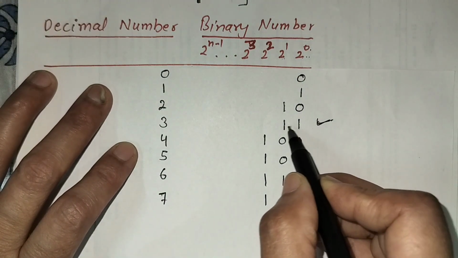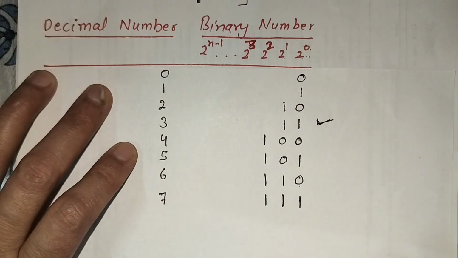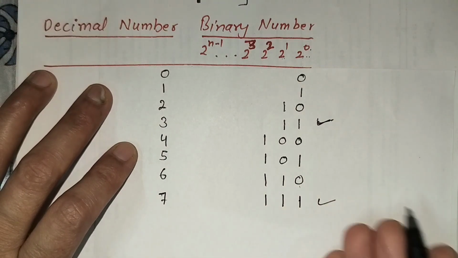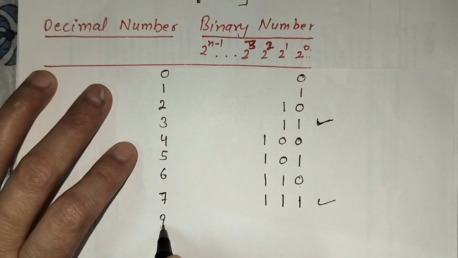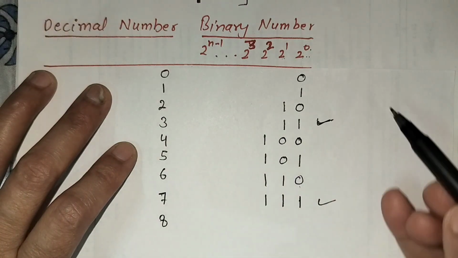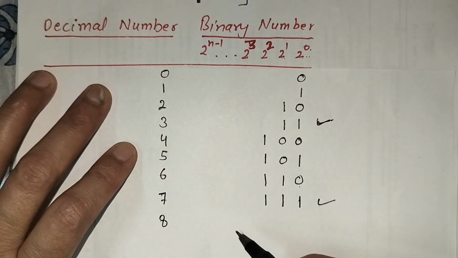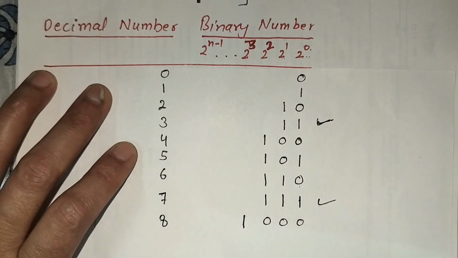Now we can see that at all these positions there is 1. When all the positions are 1, we will have to move to the next higher position to write the next higher number. So to write 8, we will move to the next higher position. This is the next higher position. We will put 1 here and these all will be 0. This is 8.